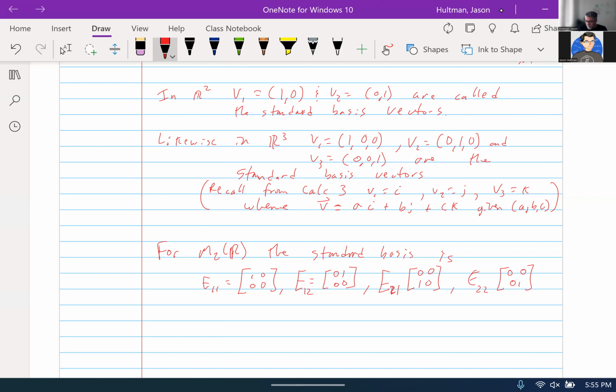The first matrix gives me the first component, the second gives me the second, the third gives me the third, and the fourth gives me the fourth component. Everything else would be zero. I would just add the zeros, and they wouldn't affect anything. So if I did a multiple of E11 plus a multiple of E12 plus a multiple of E21 plus a multiple of E22, I could create any value that I want in any of those four positions by doing a linear combination of these.